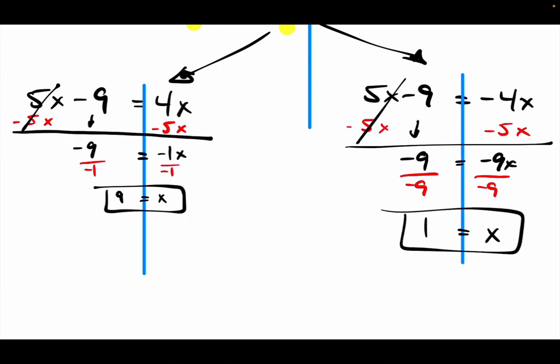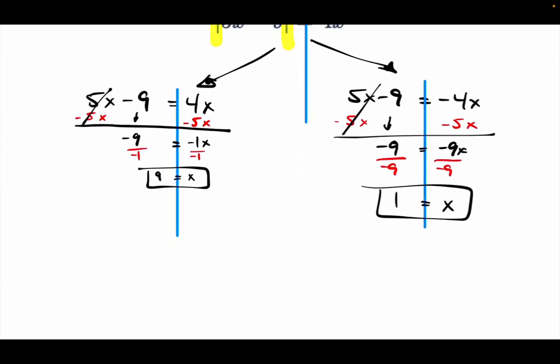Positive 1, yep. Negative 9 divided by negative 9 is positive 1. So on Delta Math, when we do it tomorrow, 2 boxes. One of them you're going to put 9, one of them you're going to put 1. Don't put them in the same box, because then the Delta Math will freak out. They won't know what you're talking about. Okay?